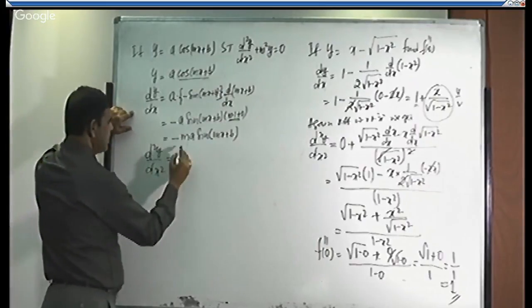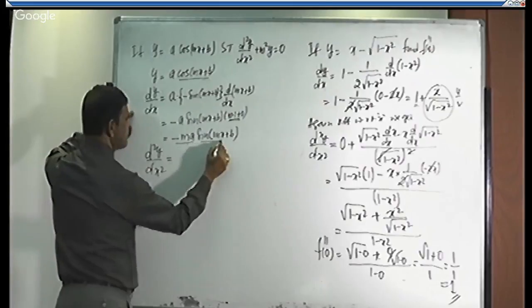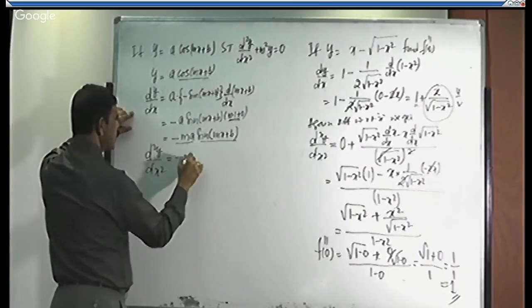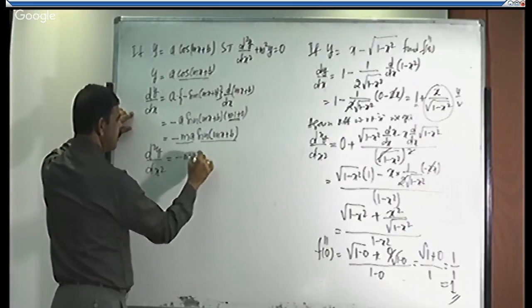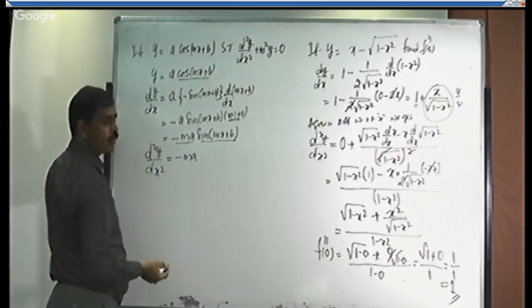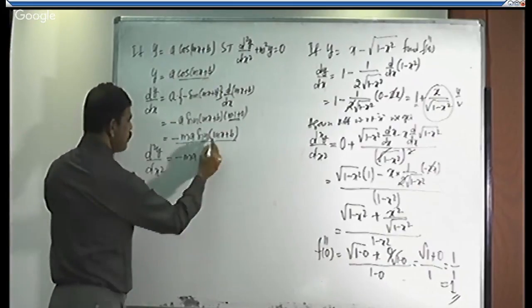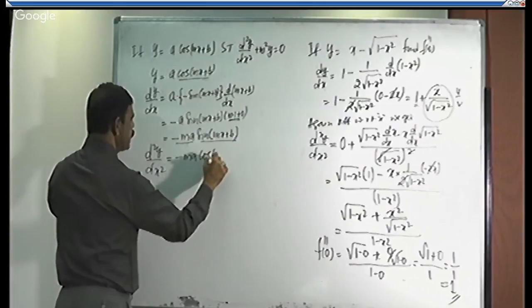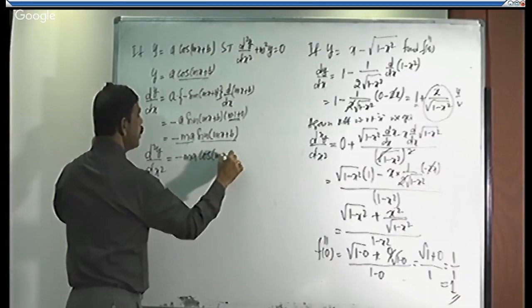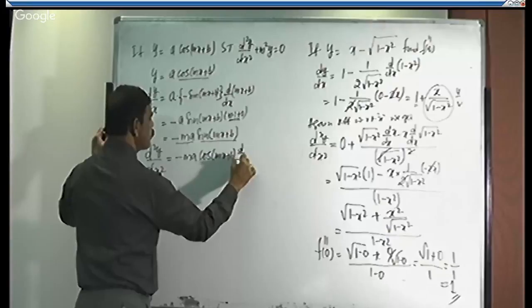That is equal to, see, constant into function. Keep the constant as it is. Differentiate sin x. Sin x differentiation is cos x. Here sin function is there, therefore cos of function into d by dx of function.